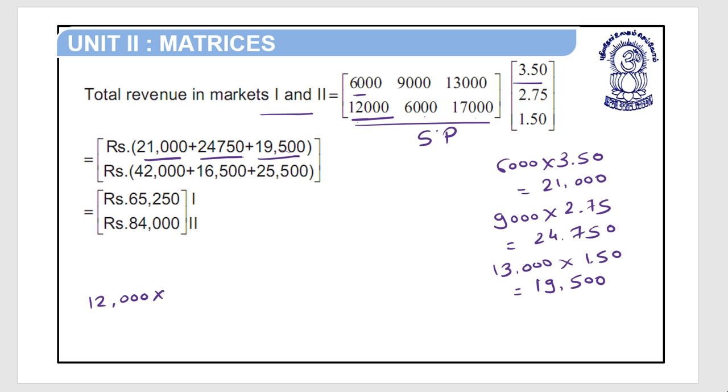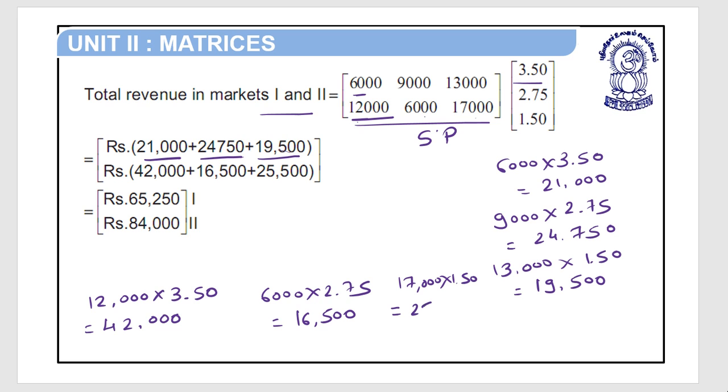Same way for the second one: 12,000 multiply with 3.50, so we will get 42,000. 6,000 multiply with 2.75, we will get 16,500. 17,000 multiply with 1.50, we will get 25,500.